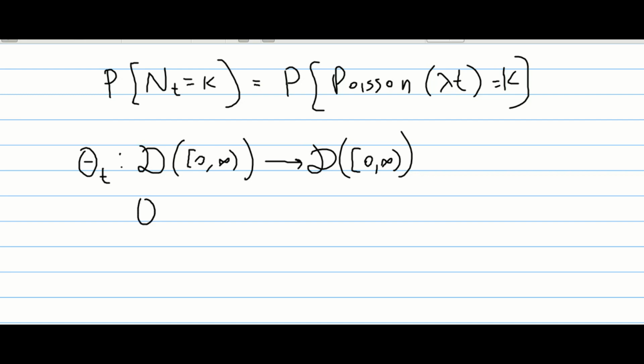So theta_t takes a function n in the space of càdlàg functions and returns another function that, when applied to a point s, will give n of s plus t minus n of t.